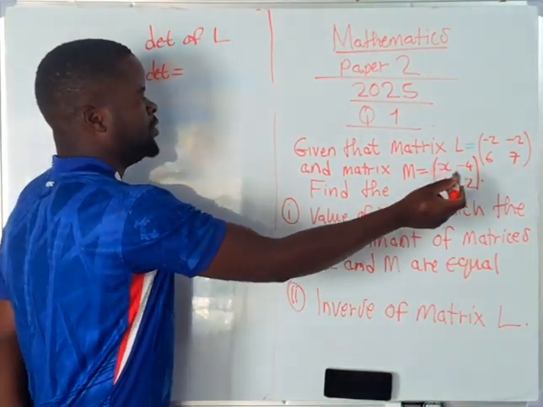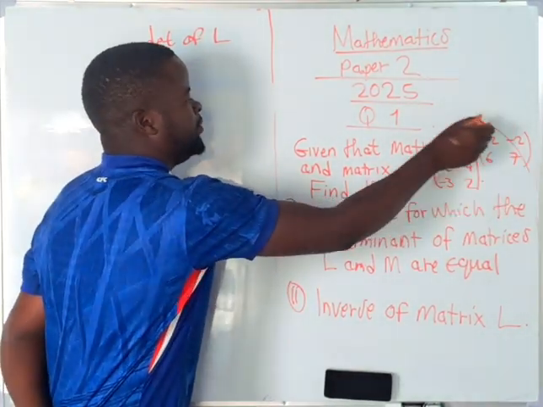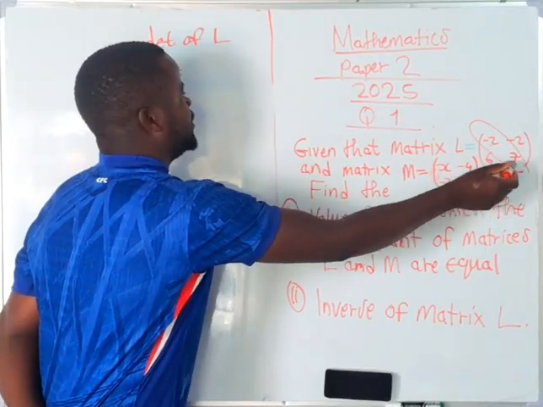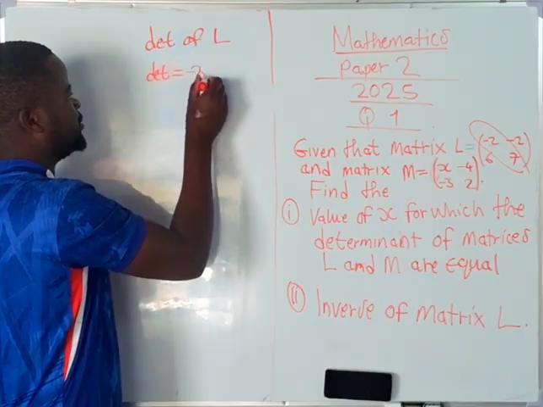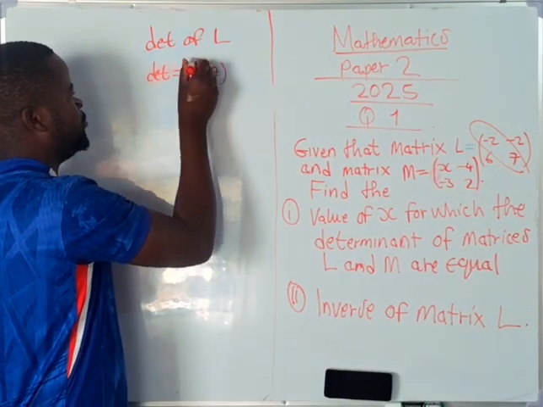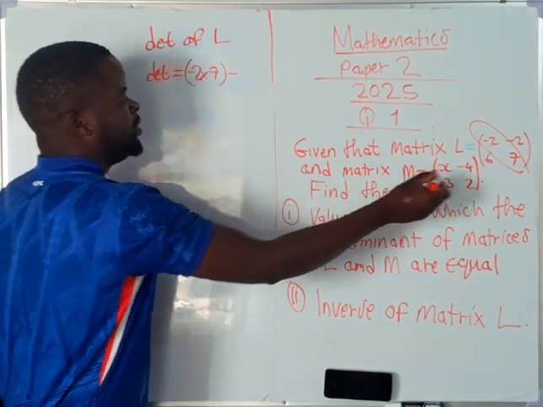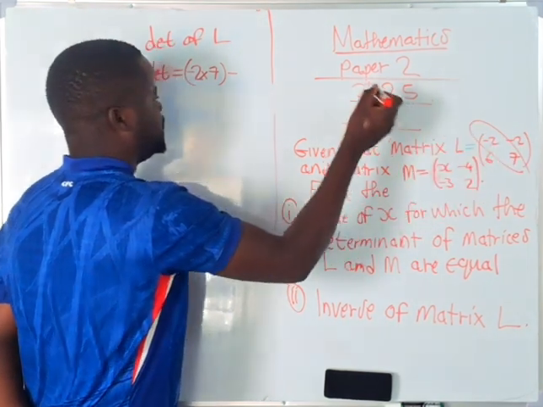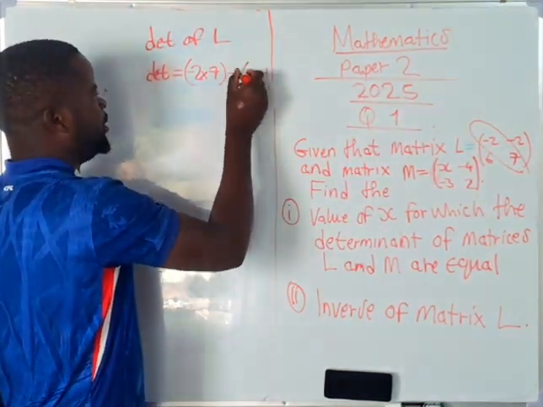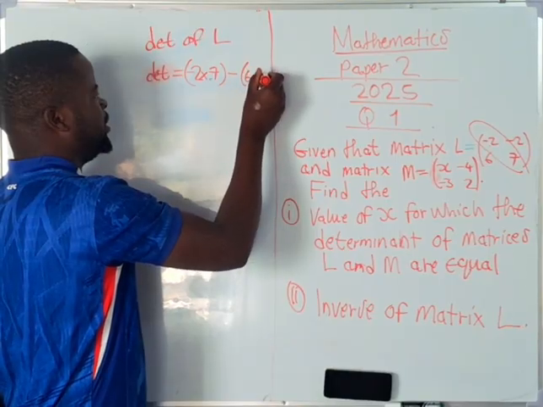The major diagonal elements are -2 and 7, and product simply means we multiply. This is -2 times 7, then in brackets minus the product of the minor diagonal, which is 6 times -2.